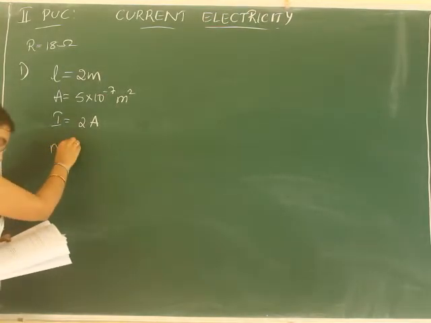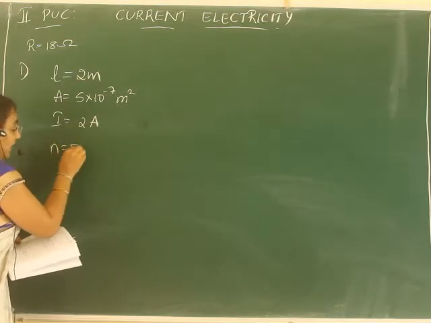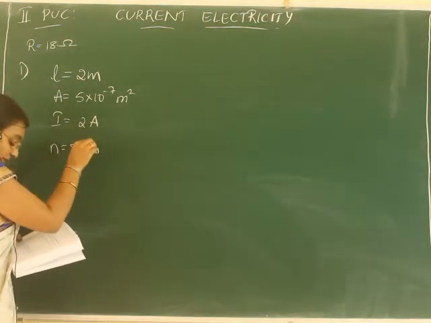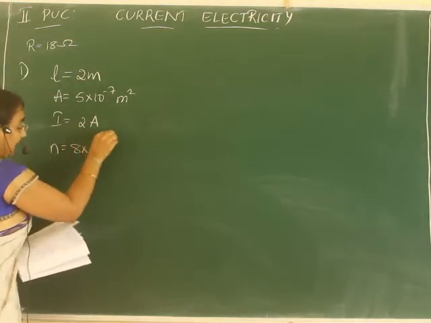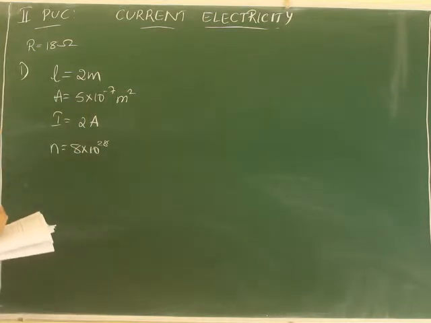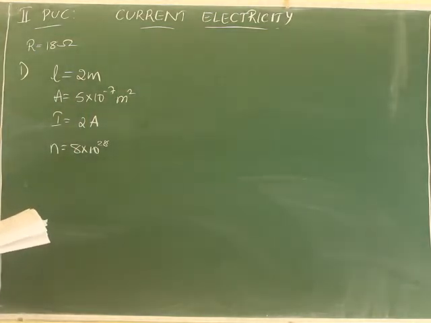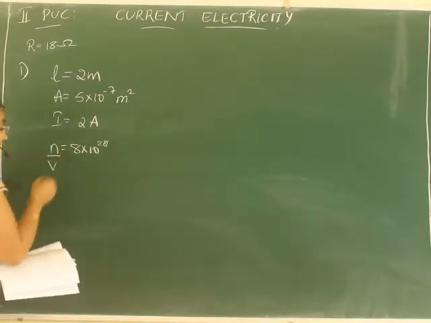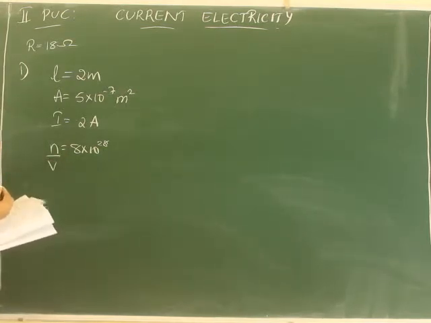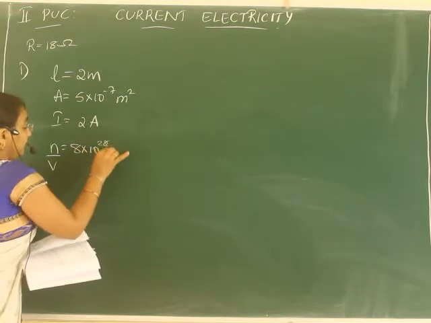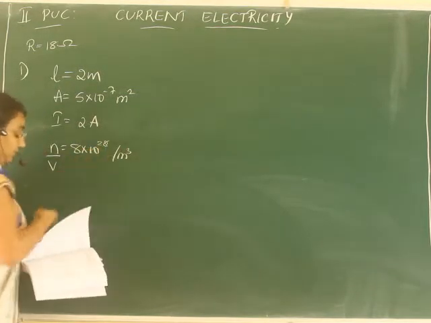How many? 8 into 10 to the power 28 free electrons per unit volume it is. So I have to write per meter cube.